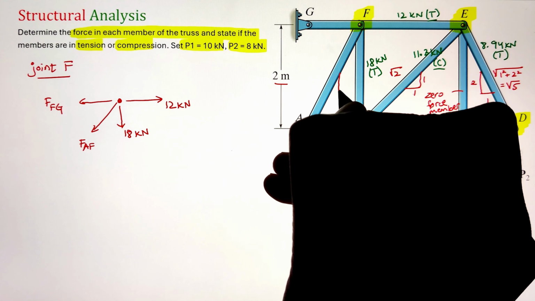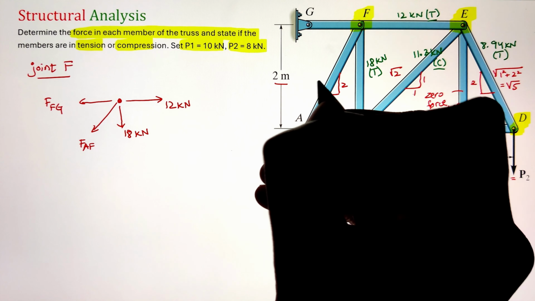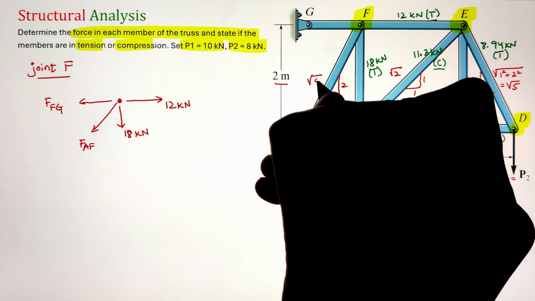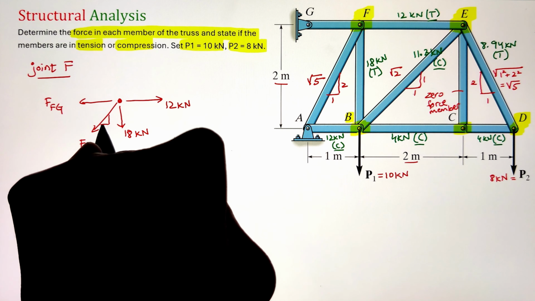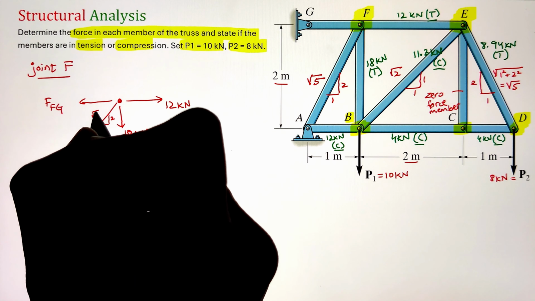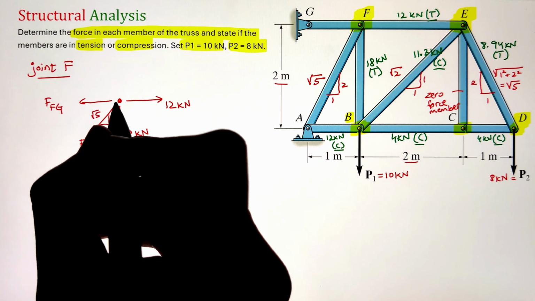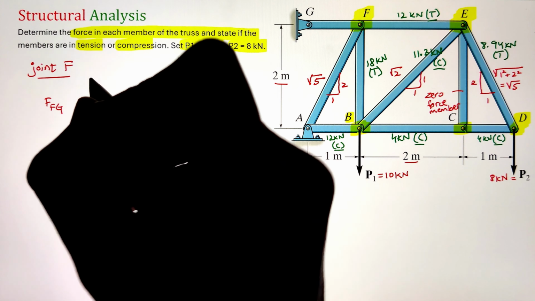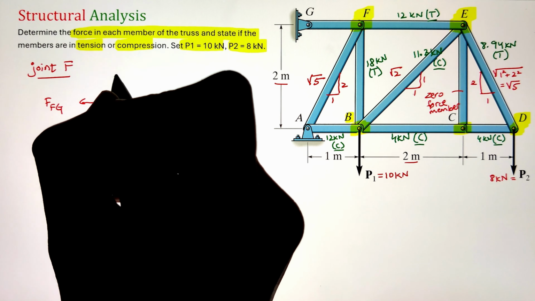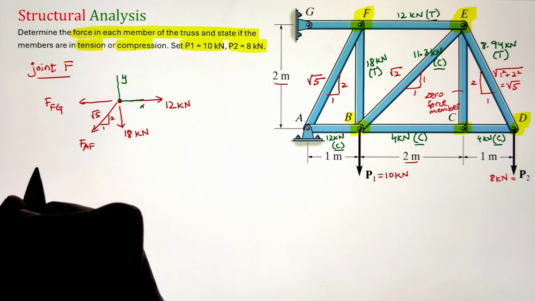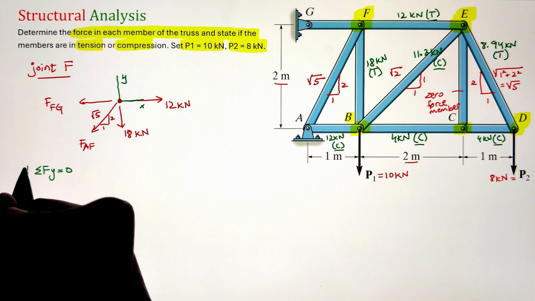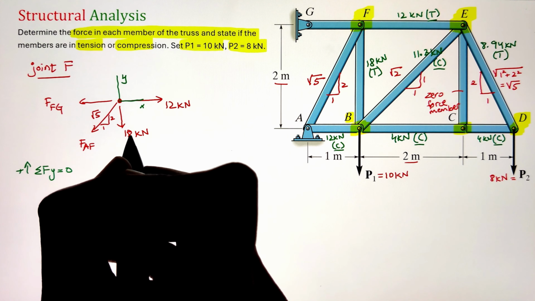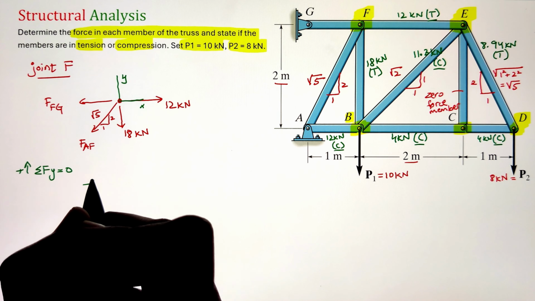That's why we have given it as a variable. I have an 18 kilonewton force in the member FB in tension direction, whereas the force in the member FA is also unknown. We can calculate the angle it is making from the base AB is 1 meter and our FB is 2 meter. So the hypotenuse will be root 5 utilizing our Pythagorean theorem.